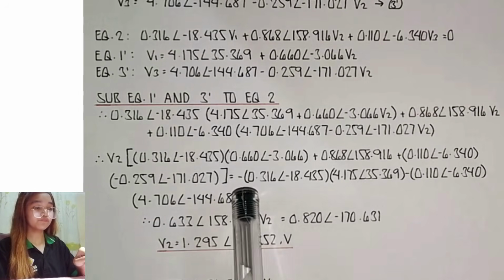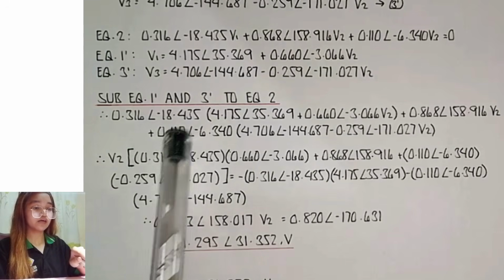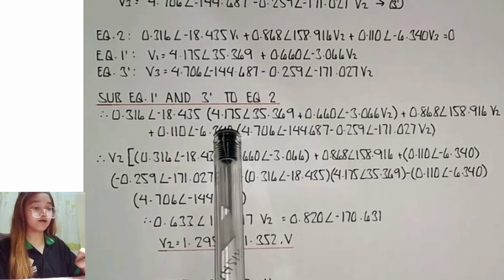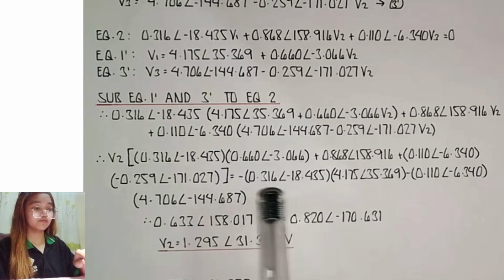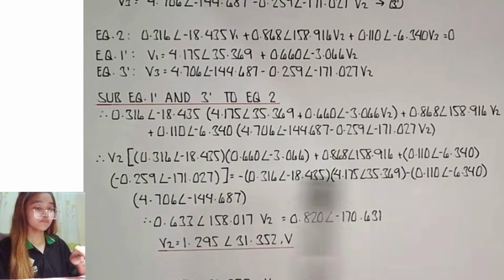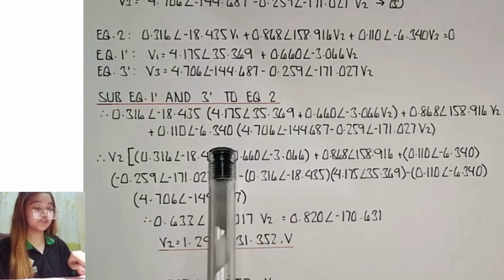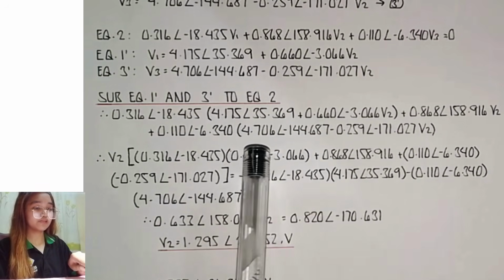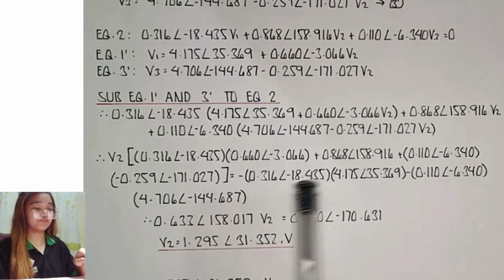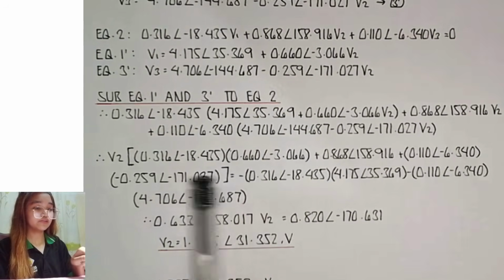Next is the constant. So 0.316 angle negative 18.435 multiplied by 4.175 angle 35.369. So here, minus 0.110 angle negative 6.340 multiplied by 4.706 angle negative 144.687. So here, it is already simplified.